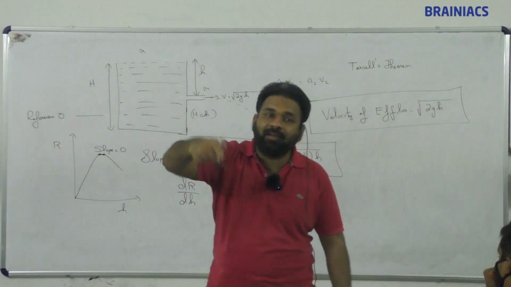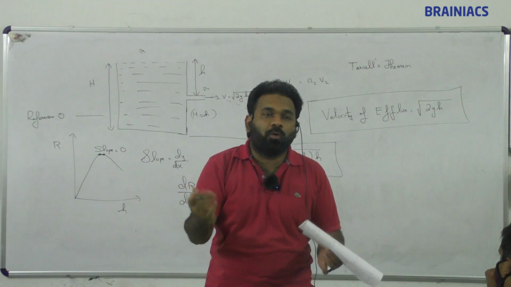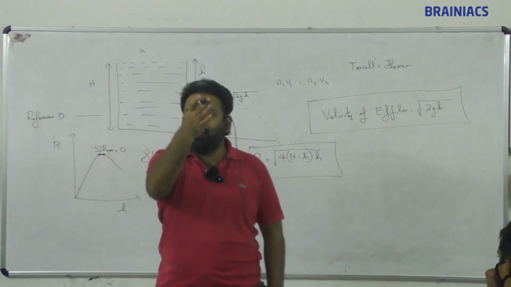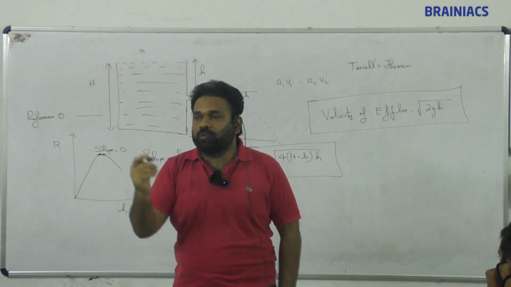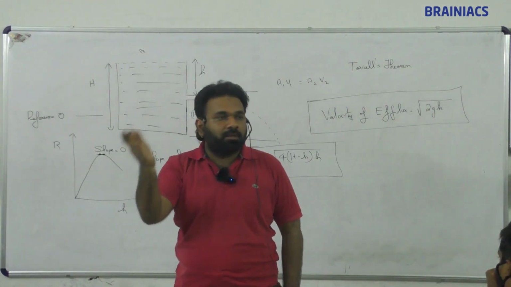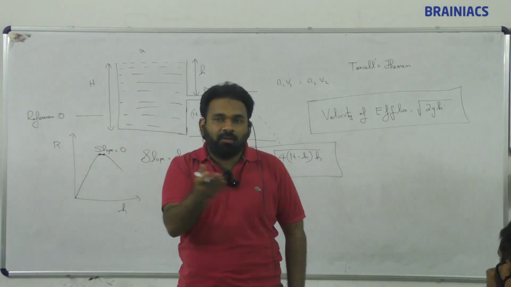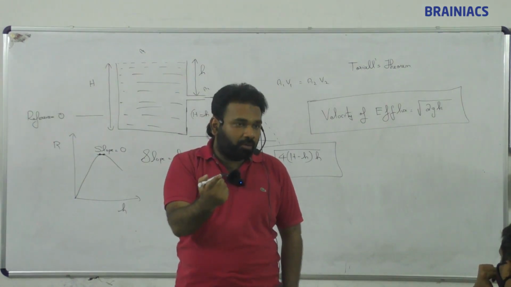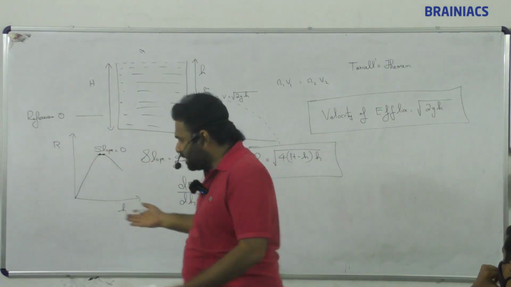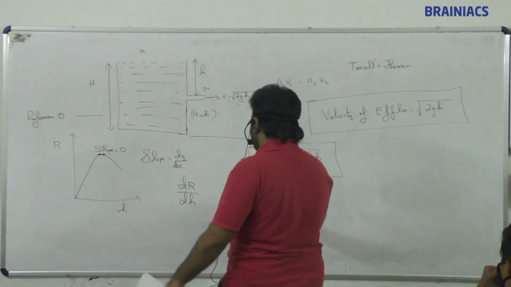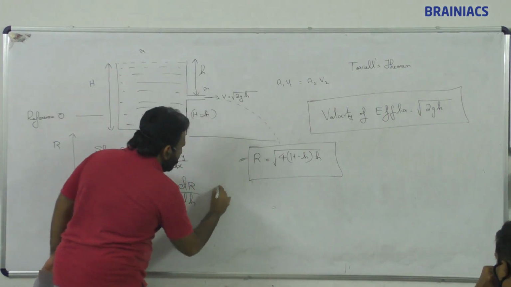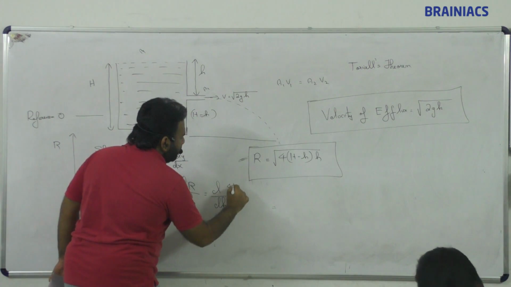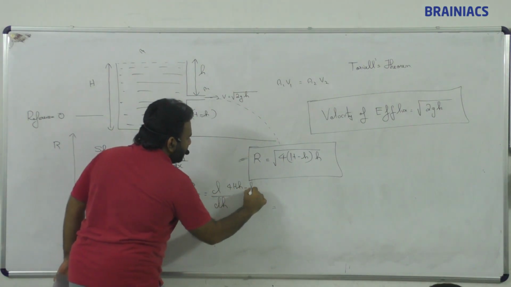Electric field in the ring will become 0 at what length? You have studied, no? dE by dx is equal to 0. Whatever value we get for x in terms of r, the radius, that is how the same concept applies here. So we will differentiate the range, which is nothing but root of 4h(H minus h).